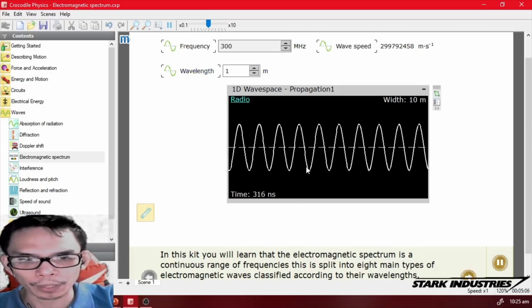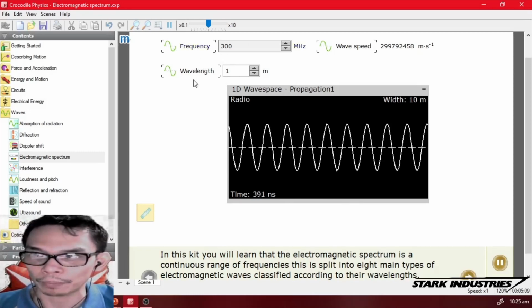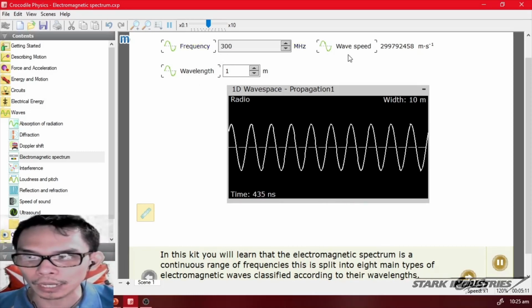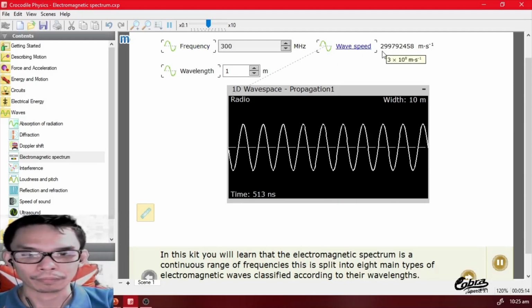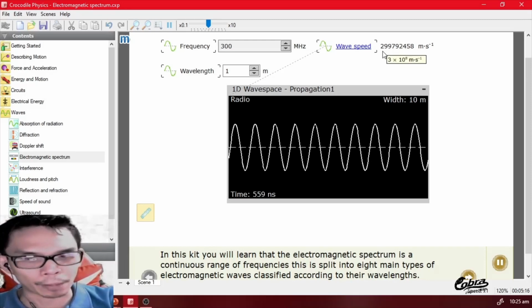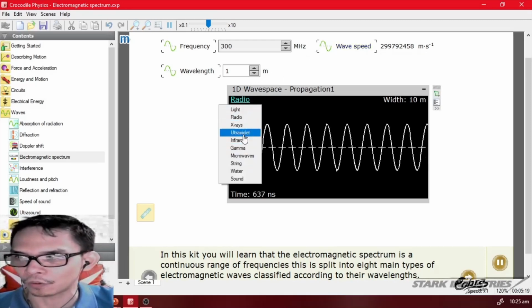On this simulation, you can see the relationship between frequency and wavelength. Also, the wave speed doesn't change at all because it is constant. So that is the property of light and the different spectrum that you have right over here.